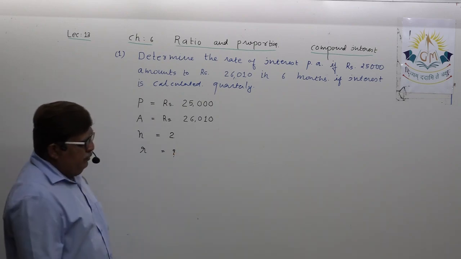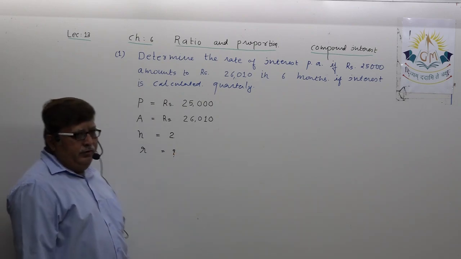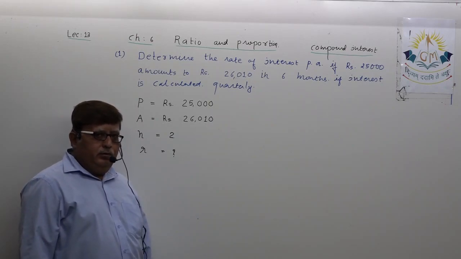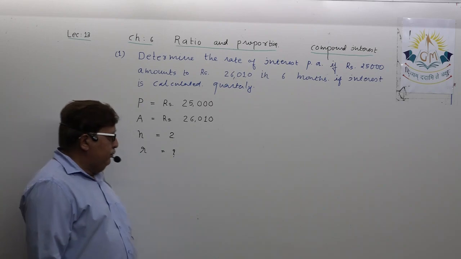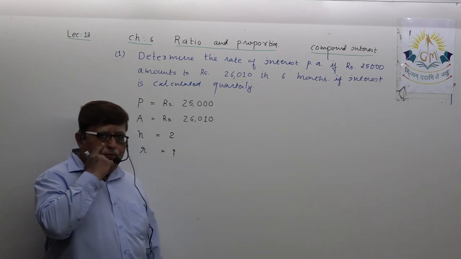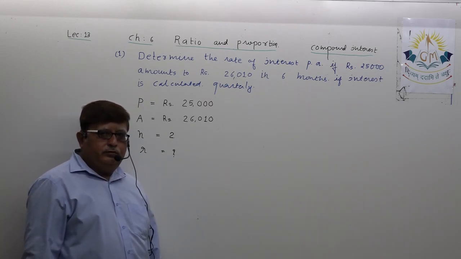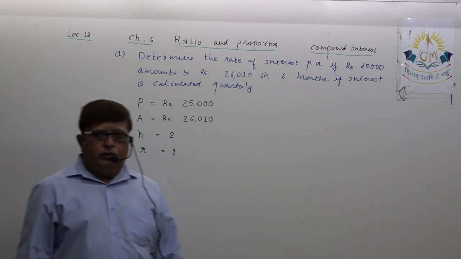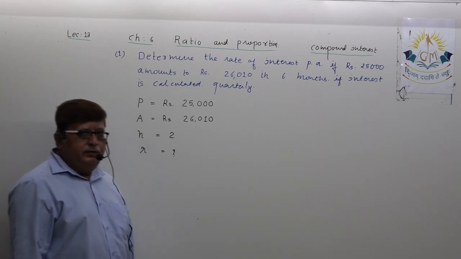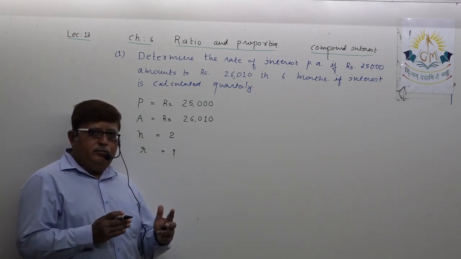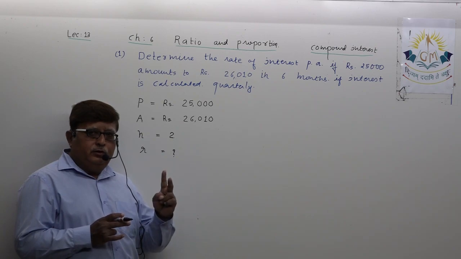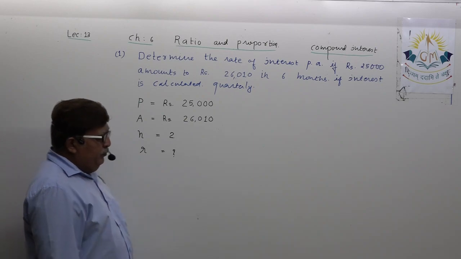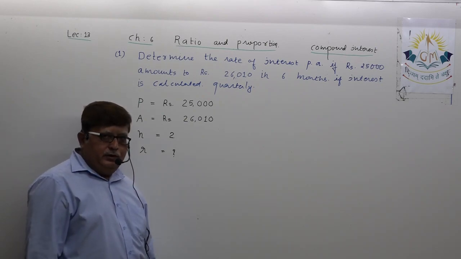This is, my dear student, the presentation of the data. Principal rupees 25,000, amount rupees 26,010, interest to be compounded quarterly in the period of 6 months, which includes 2 quarters, as you all know.